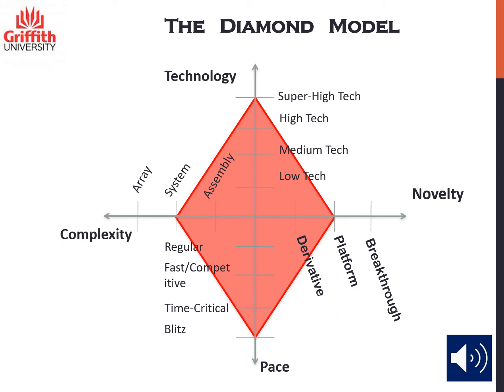This means that the diamond model can be useful to show the type of project in which we are working. It may help to communicate key features of the project. That is, it may help to communicate the risks and benefits of the project. The diamond model also may help to analyze the fit between the required project management model and the actual project management model.